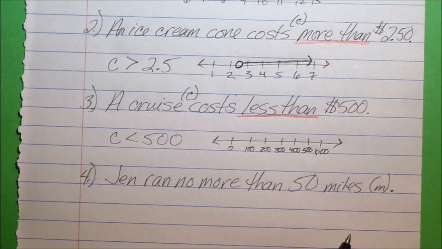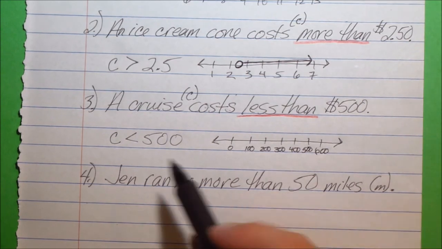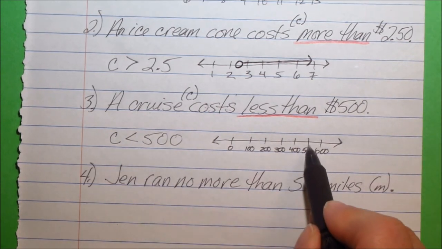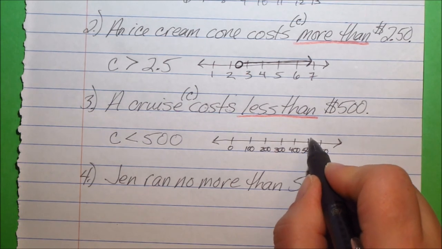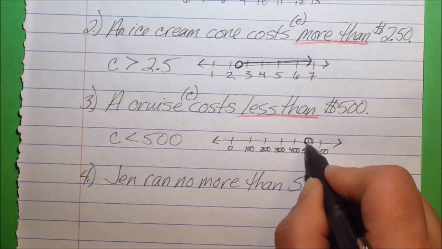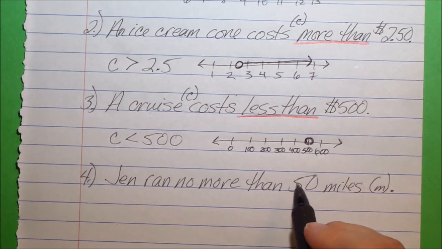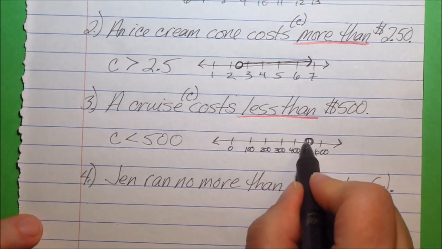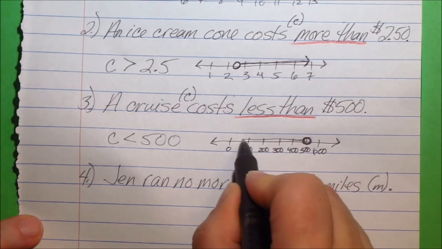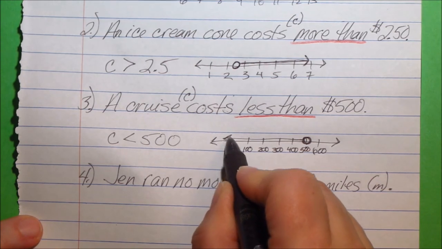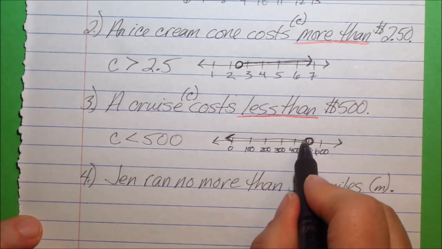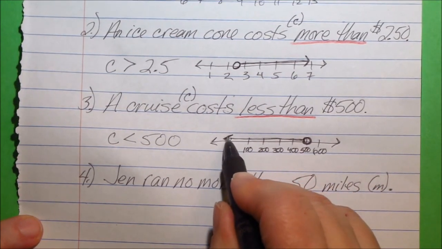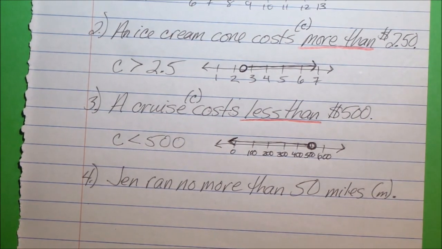All right, so it's less than 500, so there's my 500. It is not 500, so my graphed point will be an open circle, and the cost of the cruise could be anything less than that 500 spot. That is a very cheap cruise. I would like to go on that cruise.